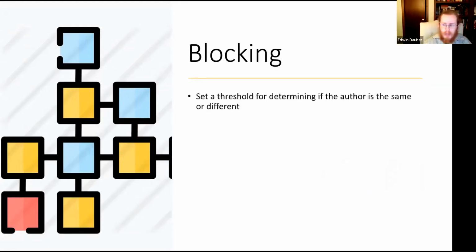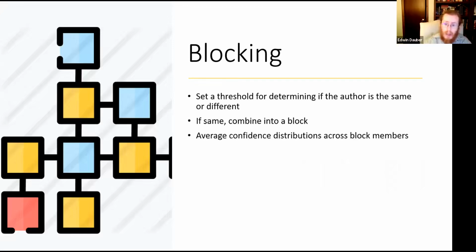Blocking is a little bit different. First, we set a threshold to determine if an author is the same or different between parent and child nodes. If we think they're the same, we combine them into a block. Then, once we've completed our blocking, we average the confidence distributions across each member of a block.